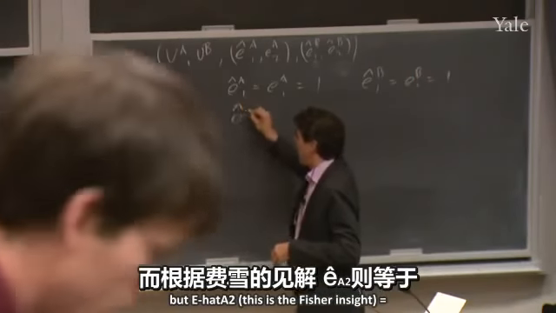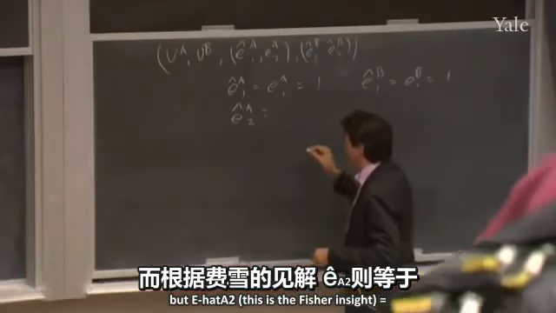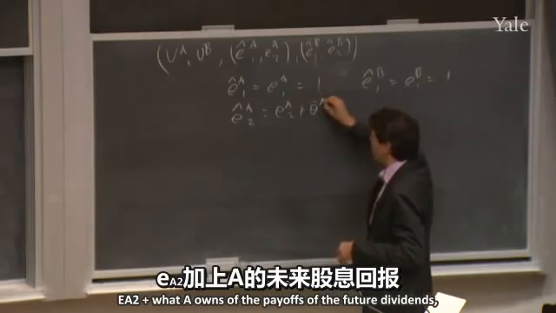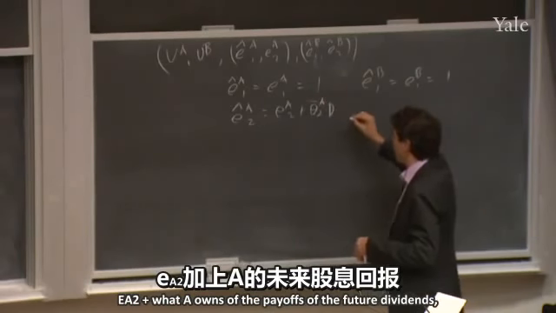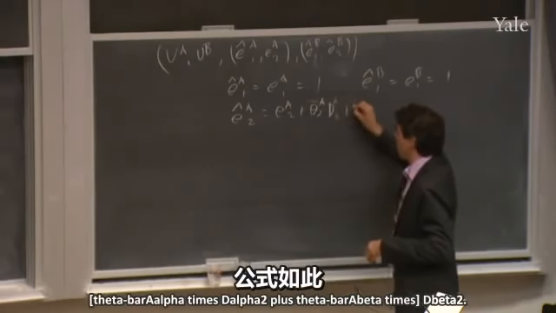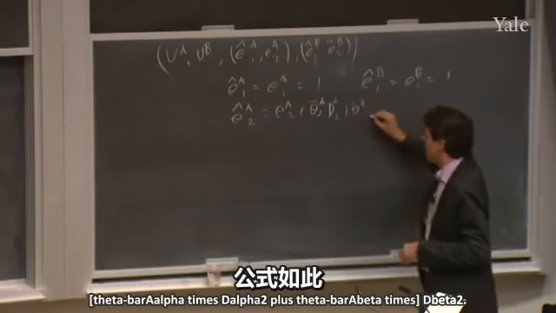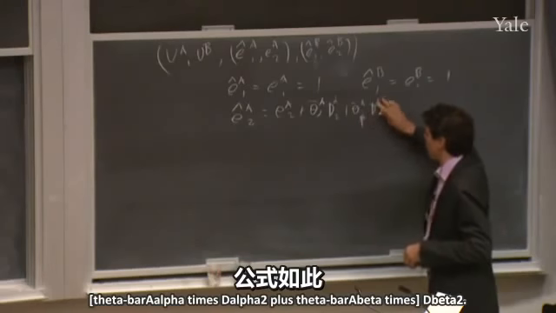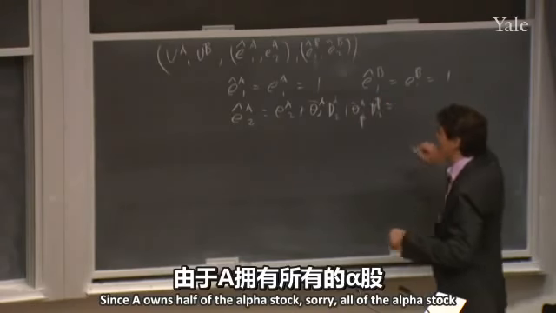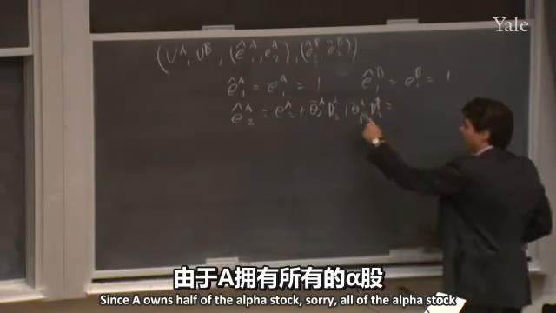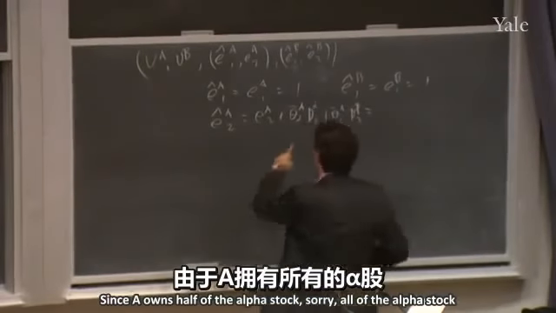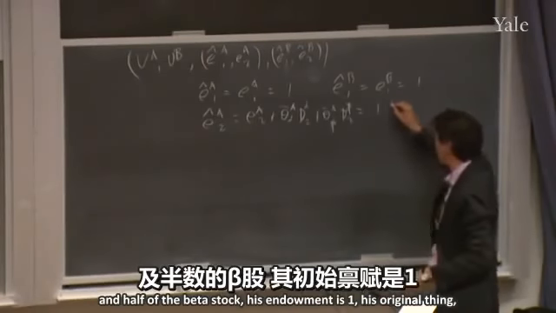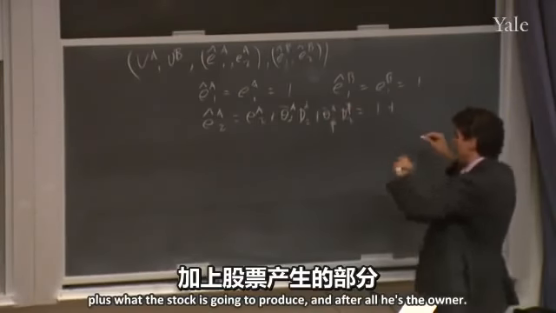But E hat A2, this is the Fisher insight, equals E A2 plus what A owns of the payoffs of the future dividends: A's share of alpha times D alpha plus A's share of beta times D beta. Since A owns all of the alpha stock and half of the beta stock, his endowment is 1 from his original endowment, plus what the stock is going to produce. And after all, he's the owner.